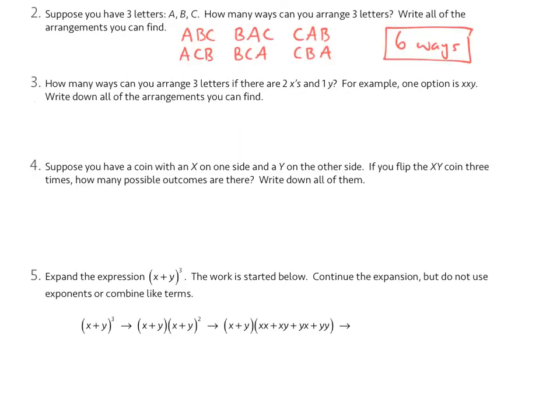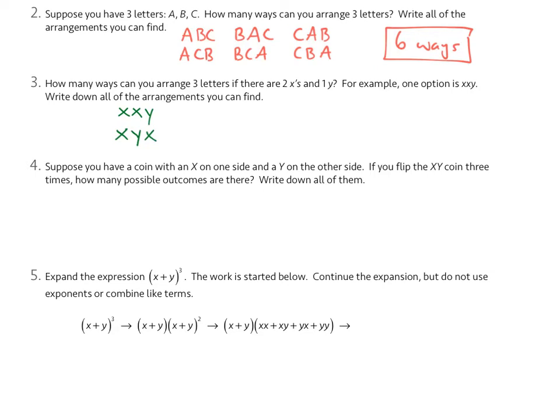Number 3, how many ways can you arrange 3 letters if there are 2 x's and 1 y? For example, one option is xxy. Write down all of the arrangements you can find. Here's the first option of xxy. To get another arrangement, we can switch the ordering of this x and y. We can write the first x as it is, and then put y next, and then x again, x, y, x.